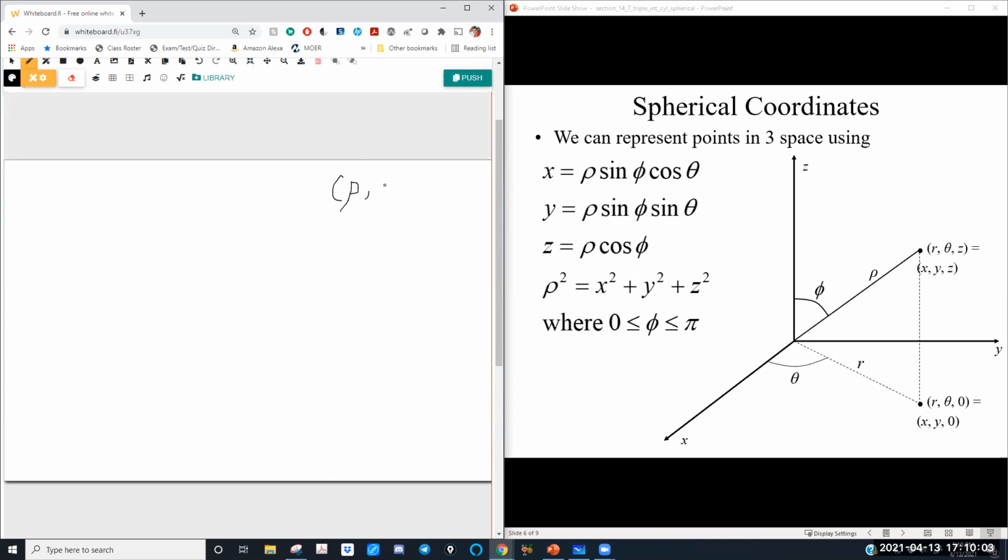It should be rho, phi, theta? I'll double check that, Cooper. That's a good question. When you guys are working on problems, I'll double check that and we'll talk about it. But I think it's rho, phi, theta. I'm going off the top of my head and I don't have it written down. So good question. We'll get back to that one.